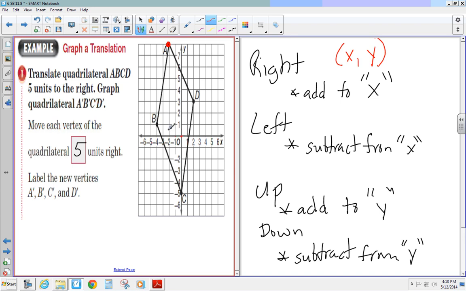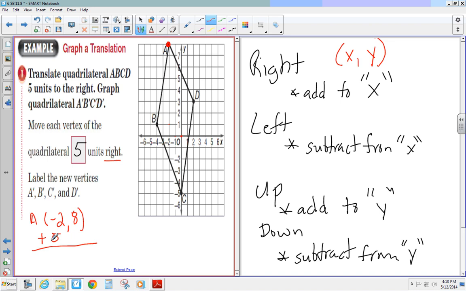A is negative 2, 8. So it says right 5 units, so we add to x.